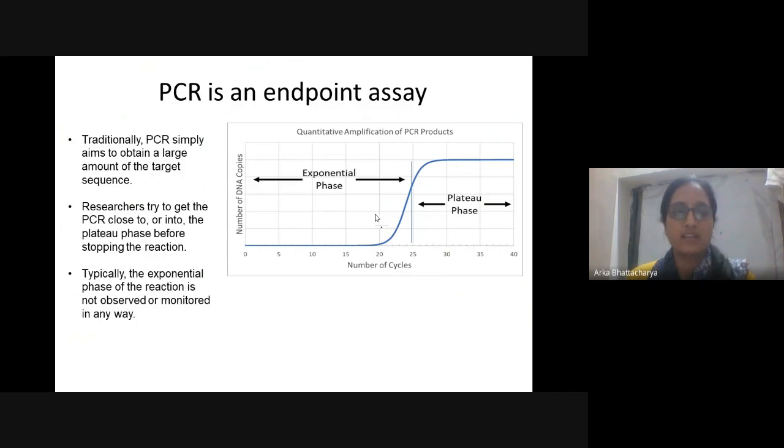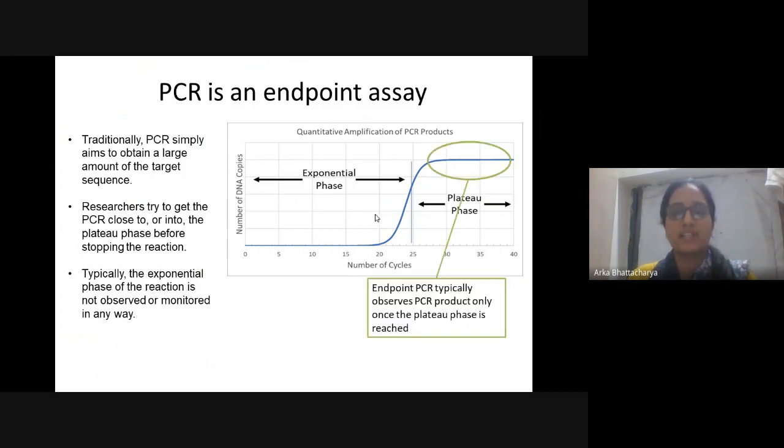So PCR, as we can see, is an endpoint assay. Now I will explain why. Traditionally, PCR simply aims to obtain a large amount of target sequence. So researchers try to get the PCR close to the plateau phase before stopping the reaction. We can only see whether there is amplification of the gene or not, but we can't really quantify it exactly.